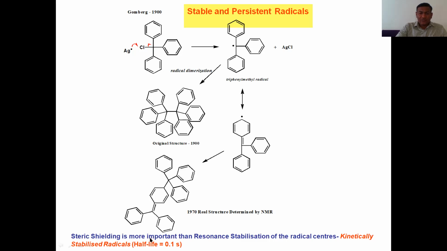So there are also chances. Steric shielding is more important than resonance stabilization of the radical centers. So it is a kinetically stabilized radical with a half-life of 0.1 second. This triphenyl methyl radical is quite stable.